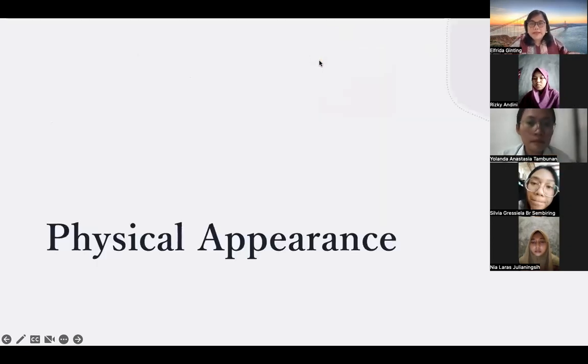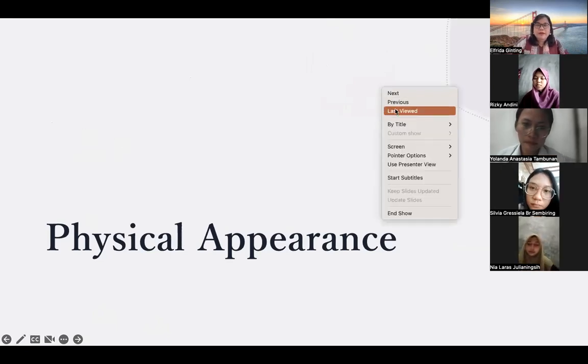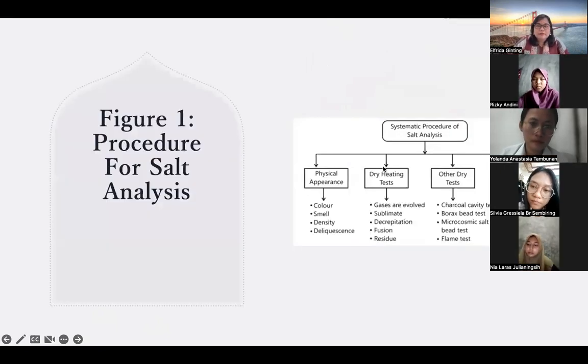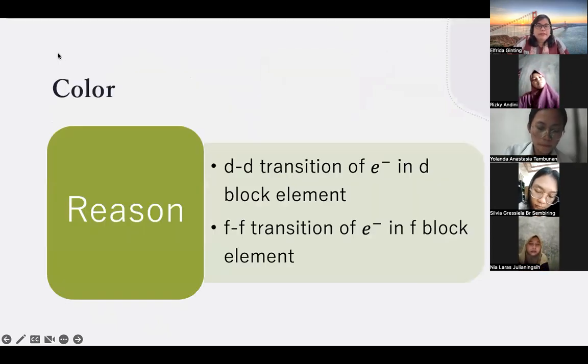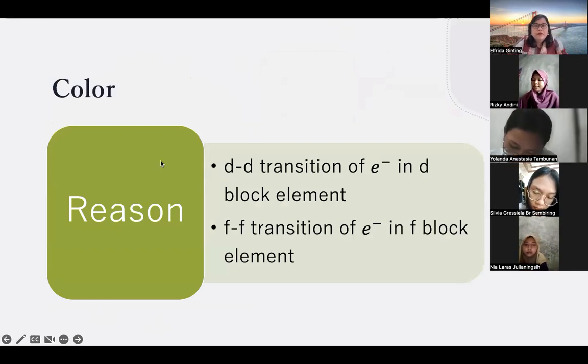Okay, now next. Physical appearance. Remember, there are four types, and the first one is physical appearance. In physical appearance, you can have, for example, color.